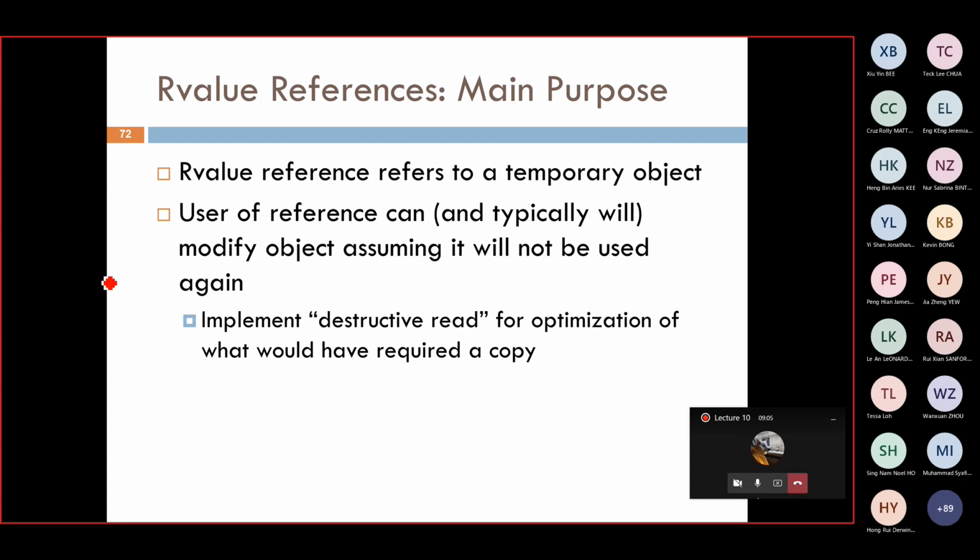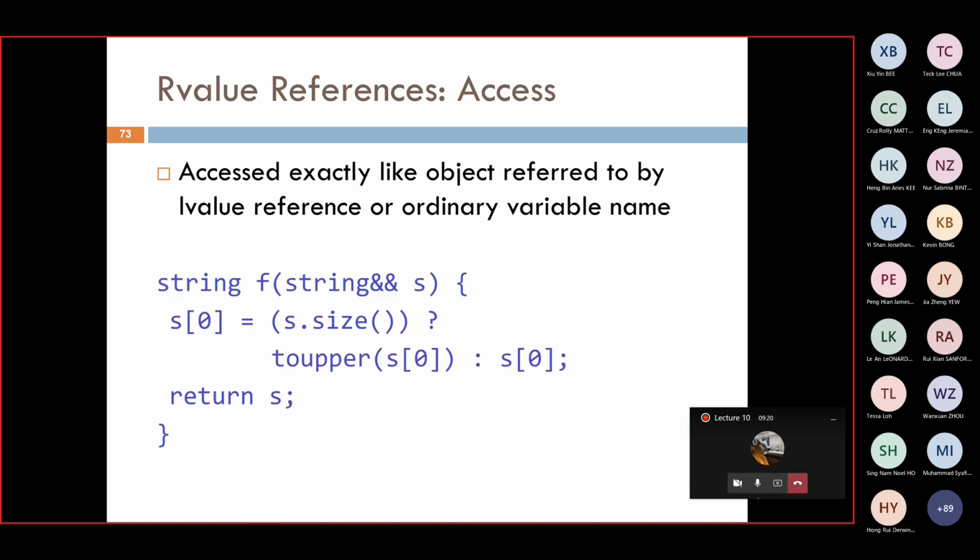Okay, so the basic idea here is that we want to perform some sort of destructive read. And the reason why we are extending the lifetime of these unnamed objects is so that maybe we can take over their resources. And how do you access them? Well, you access them like any other object. In this particular example, S is a named object. So S is an L value when used in an expression.